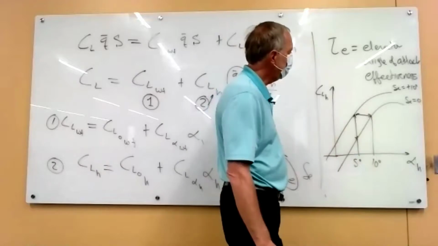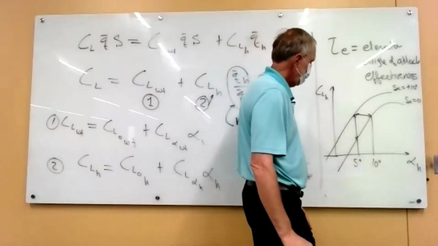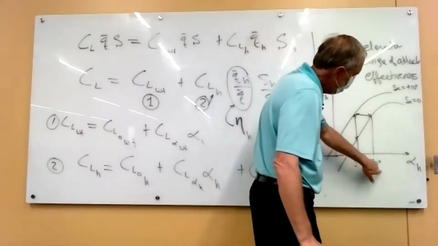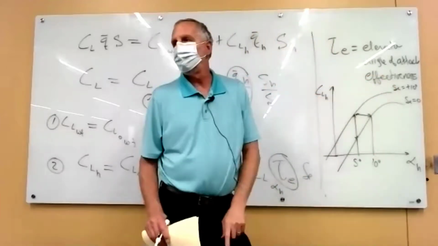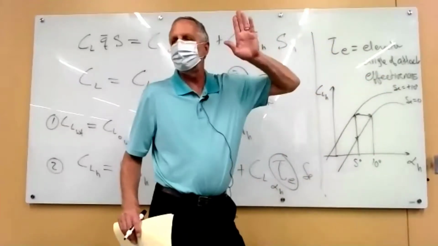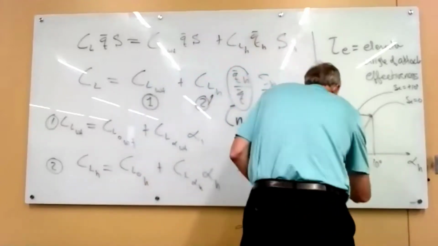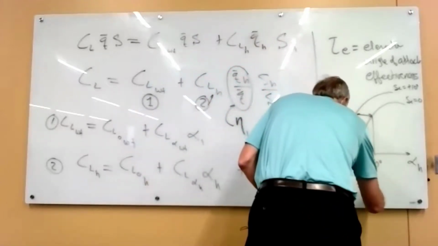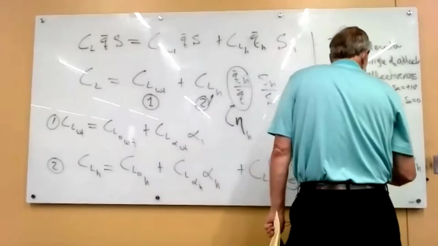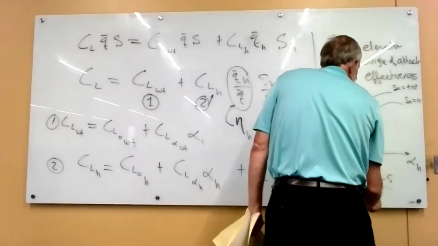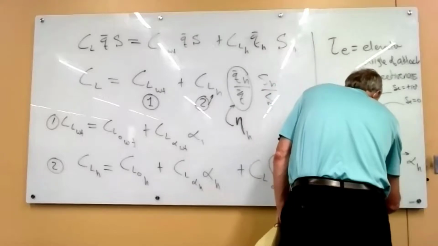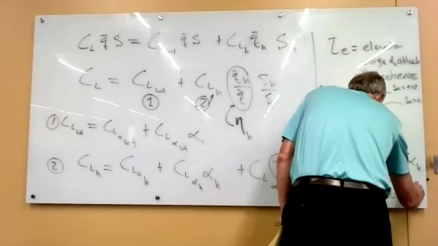And that's what this tau sub e does. It gives me how many effective angle of attack degrees I get from the elevator. It's not saying we're actually pitching the horizontal tail, it's just how much extra lift. So for this case, tau sub e would be 10 minus 5, because that's the alpha distance, and then 10 minus 0.